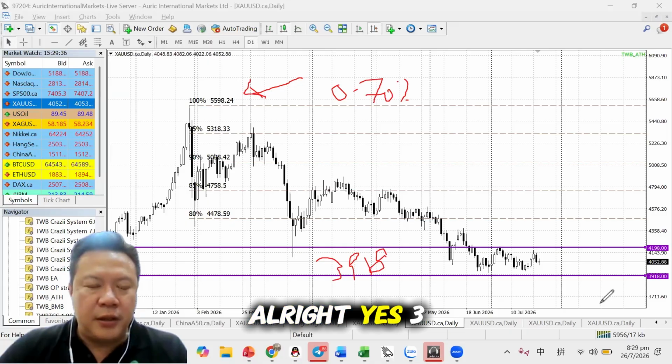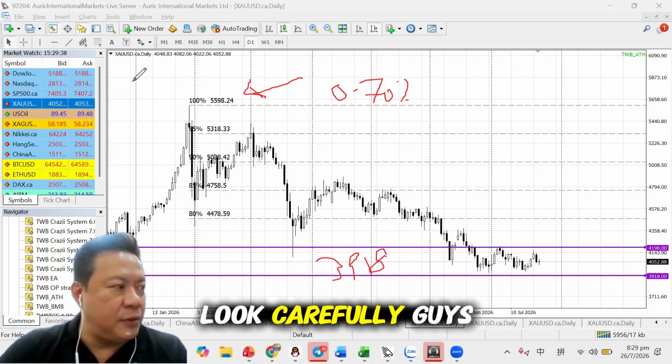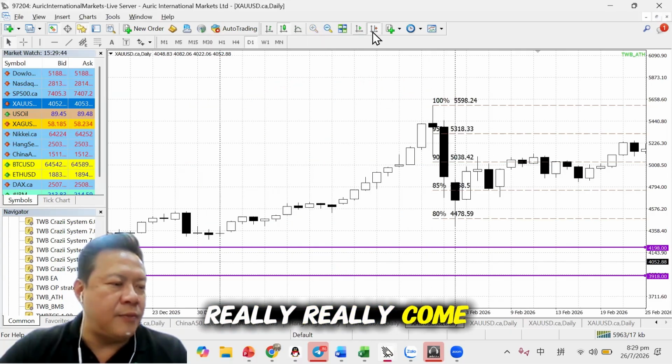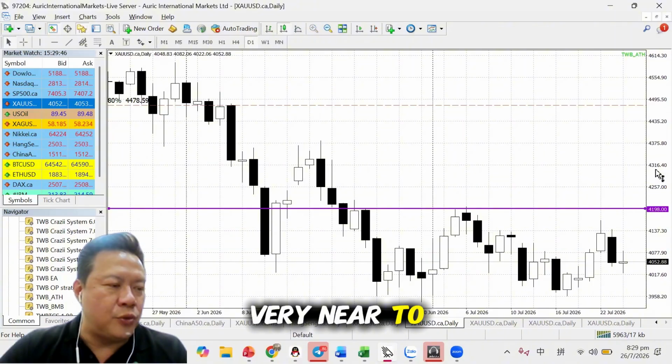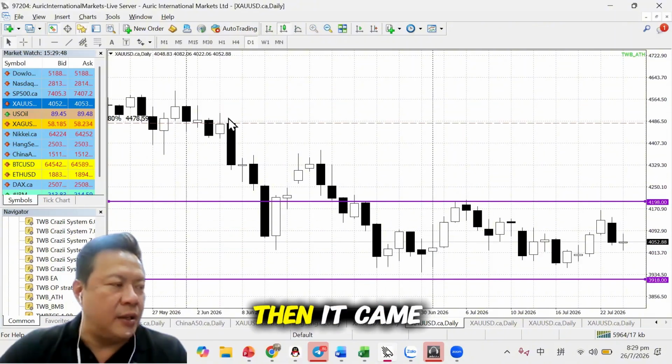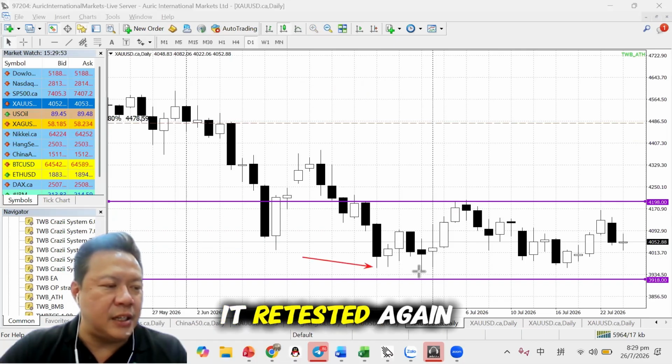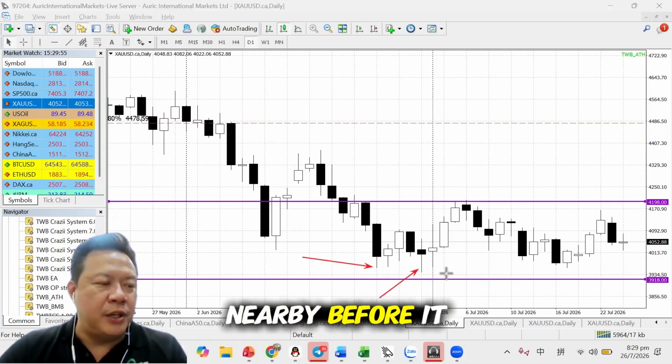And if you look carefully, guys, this is very crazy. The market really came very near to 3918 back then. It came very near, and then after that it retested again nearby before it zoomed up.